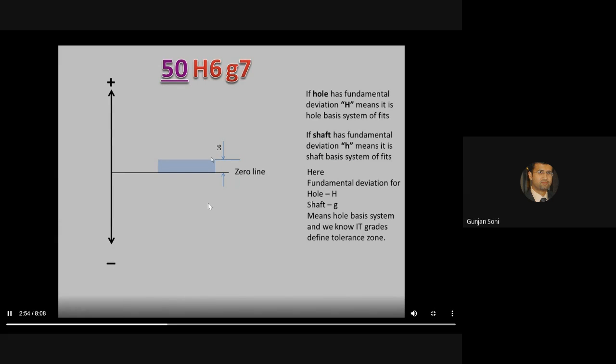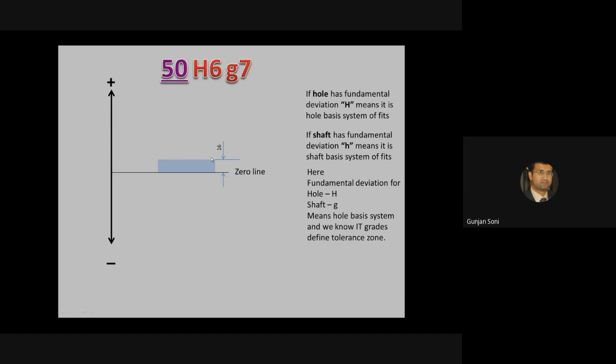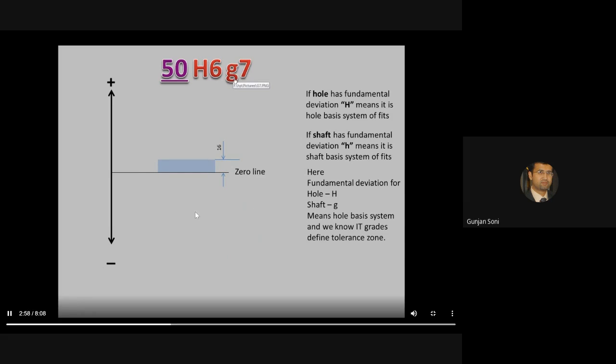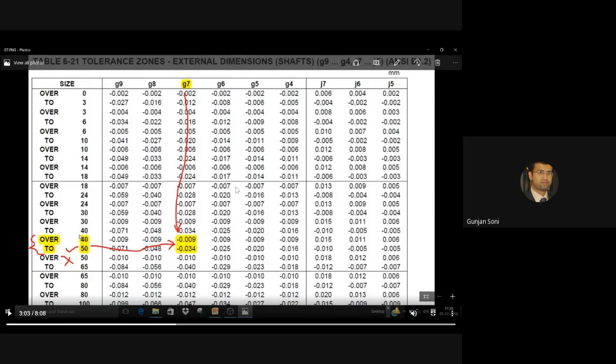Now small g7. Small g means the fundamental deviation for shaft. Let's see its corresponding value in diameter step. So small g, you can see it is negative. So negative means below the 0 line. Okay. 40 to 50.